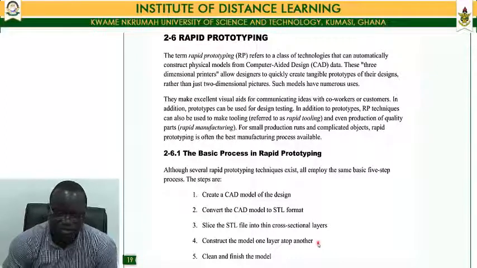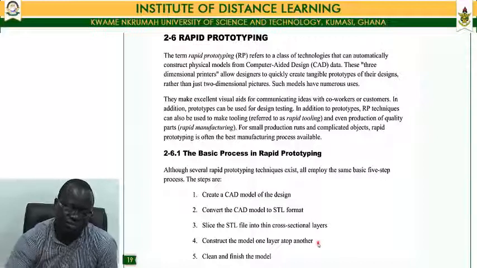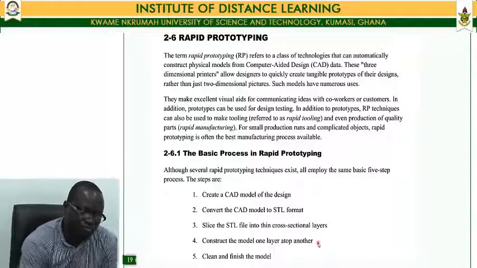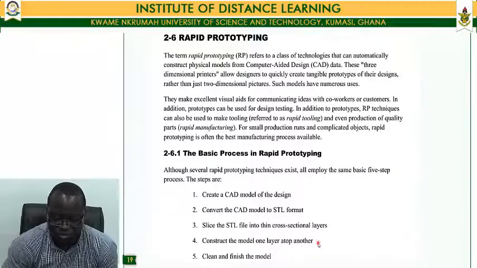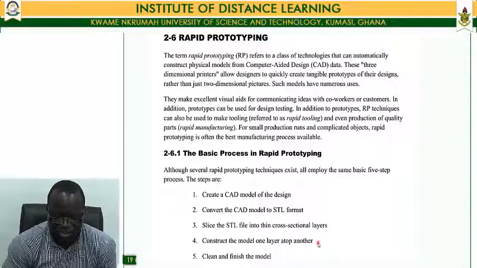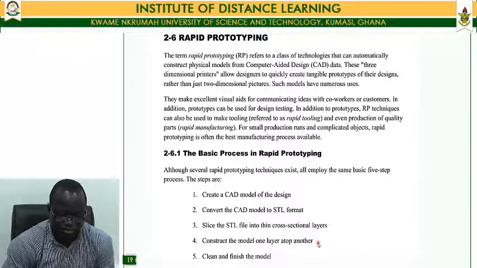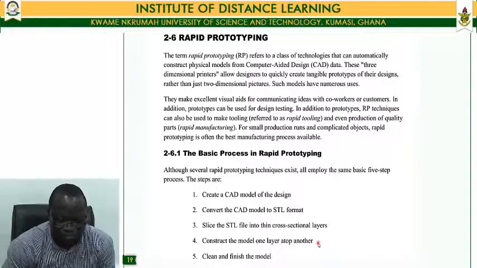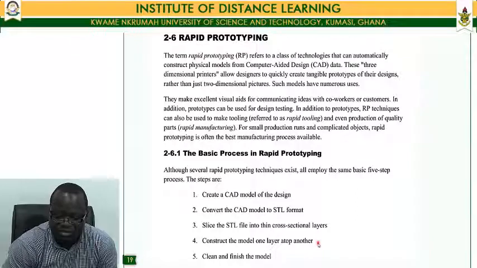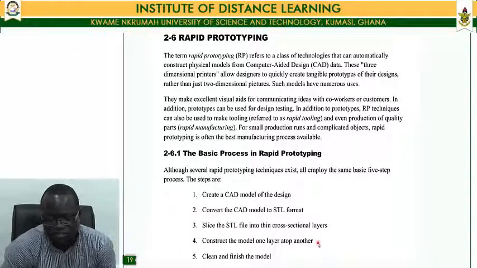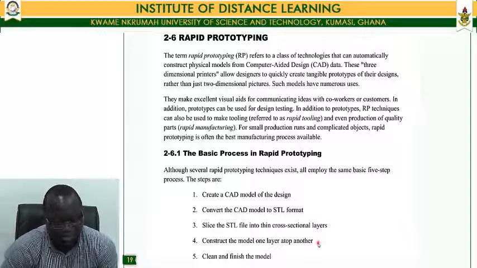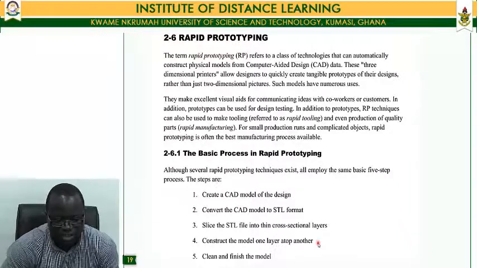So now the process is not just for manufacturing prototypes, but also for rapid manufacturing. When you have small production runs and complicated objects, rapid prototyping is often the best process available, because when the product is more complicated, rapid prototyping is the best technique that can be deployed.